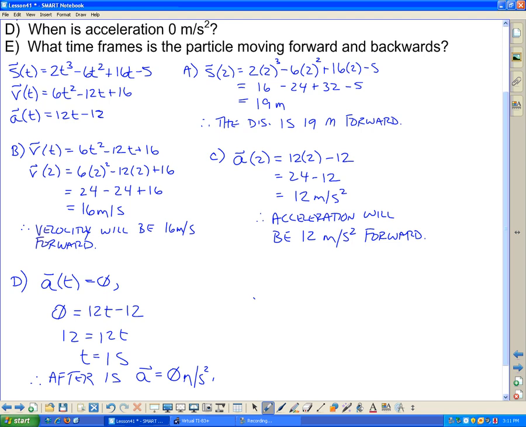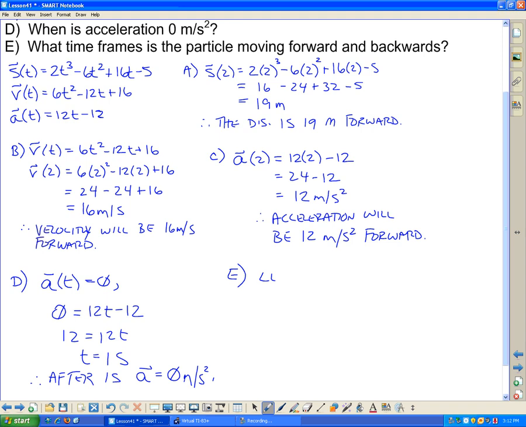And finally, E part. What time frames is the particle moving forward and backward? This one's probably the trickier of the questions. The tipping point here is when velocity is 0, because when velocity is positive, you're moving forward, and when you're moving backward, it's negative. So when it's 0, it tells you when it's making that switch.